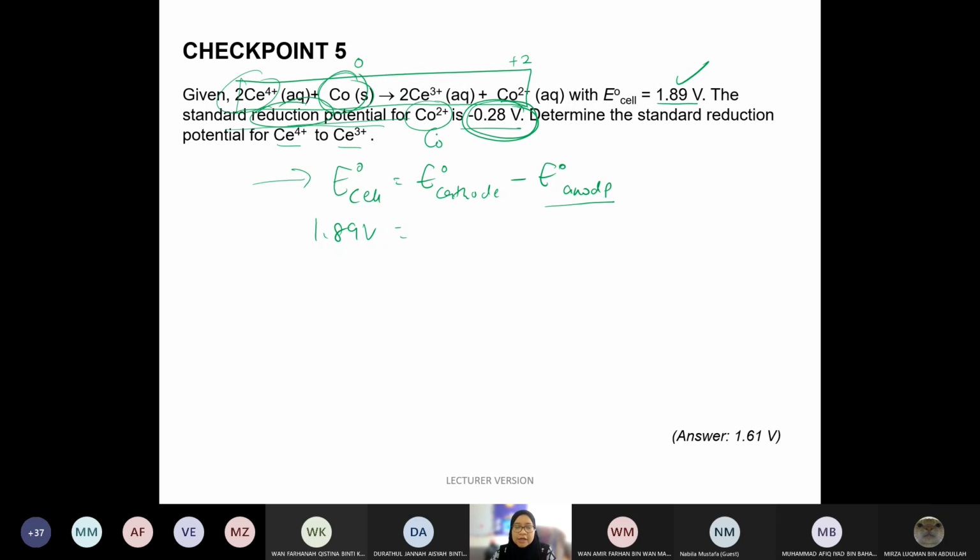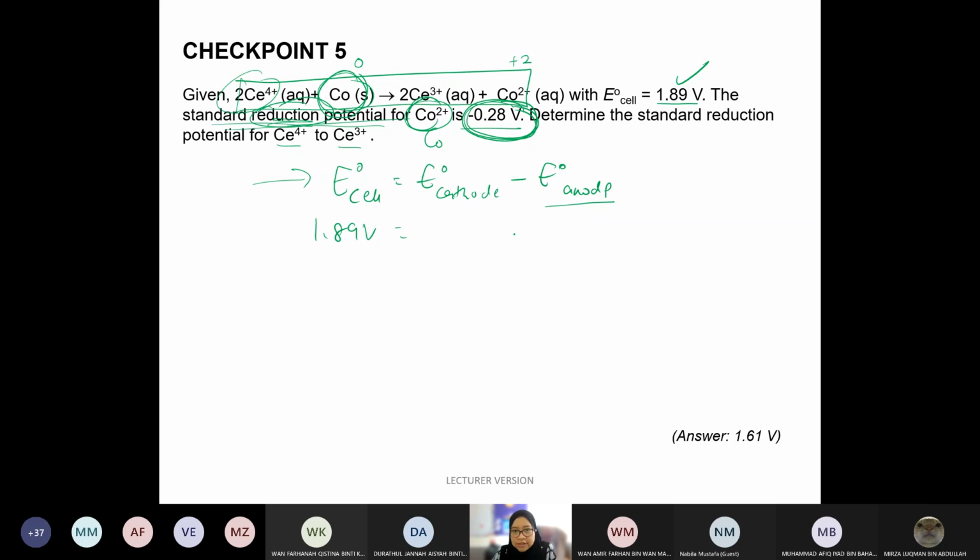Tapi kita kena take note that what actually happens in the reaction is that Co changes to Co2+. Tapi value wise kita akan ambil daripada ion tu sebab dia undergoes reduction. Semua dalam SRP tu undergoes reduction, semua starting dia adalah ions. Faham tak? Okay.